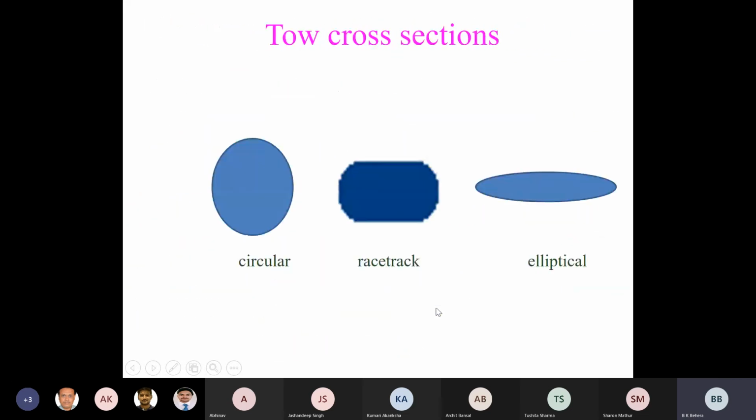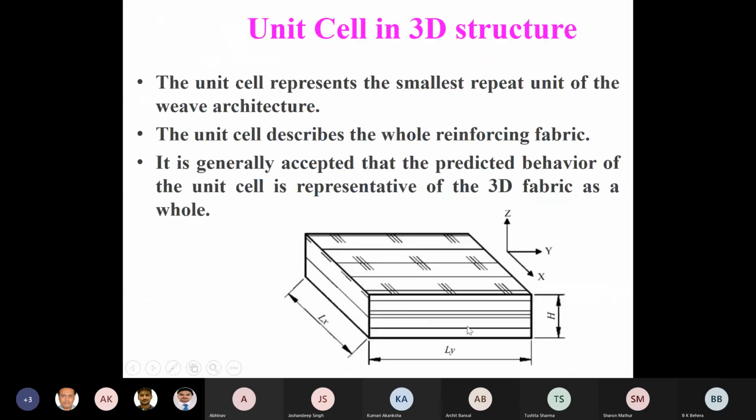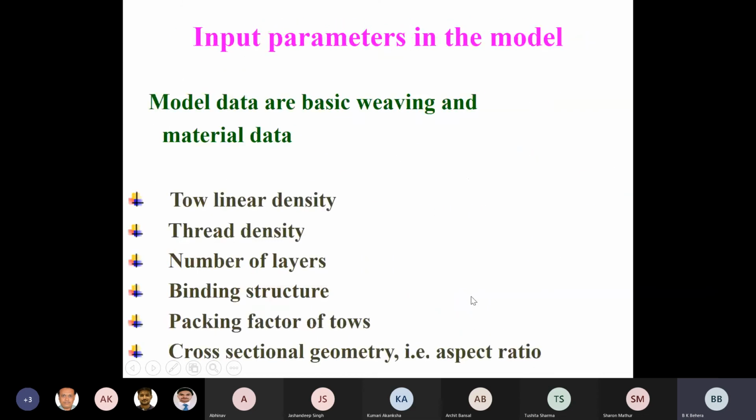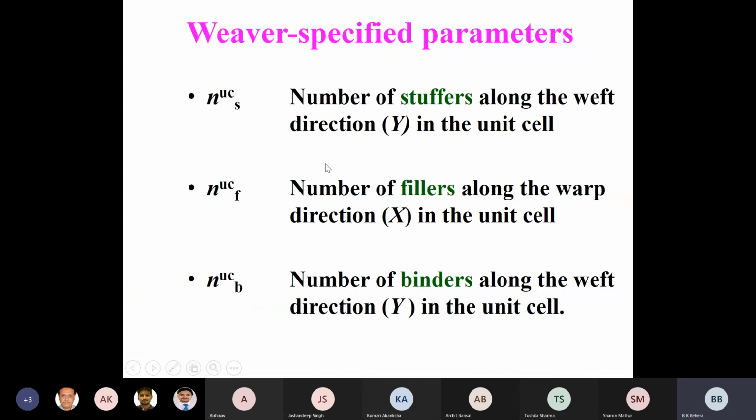The unit cell is nothing but this one: unit length, breadth, and thickness. All these symbols are used for the geometrical parameters of the fabric.